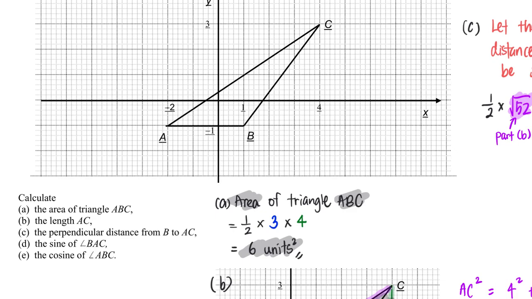Great. For part D, sine of angle BAC, which is this acute angle here. And we do need a right angle triangle, yeah? So for this question, it will be good for us to see this particular right angle triangle.